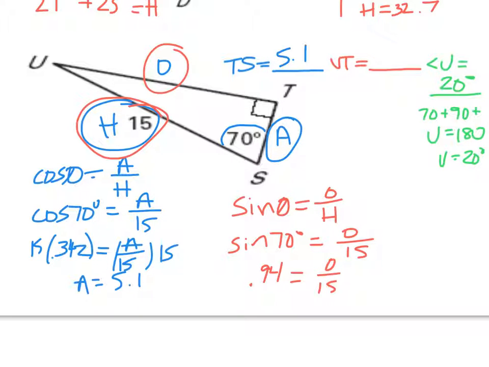O over 15. Multiply by 15 on both sides. So we should get almost 14. Let's see how close I was. 0.94 times 15. So 14. Ha, perfect. 14.1. So to solve a triangle, you find all the sides and angles.